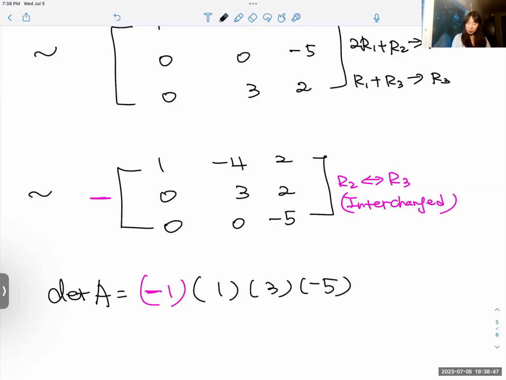So can you please calculate? It's 15. Okay, it's 15.